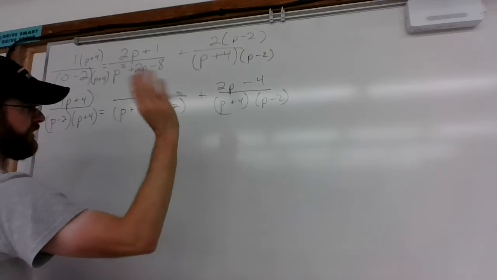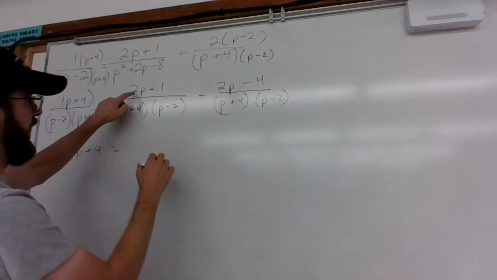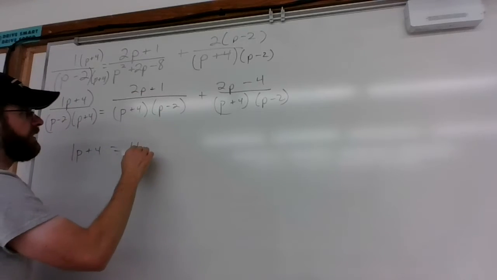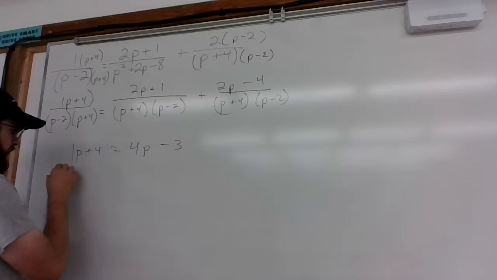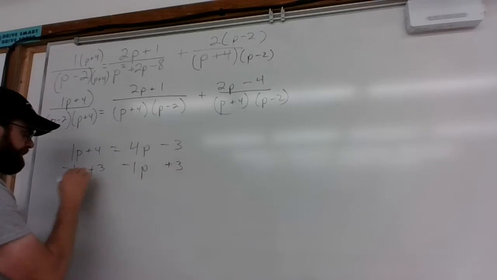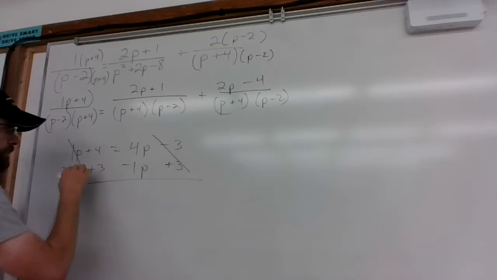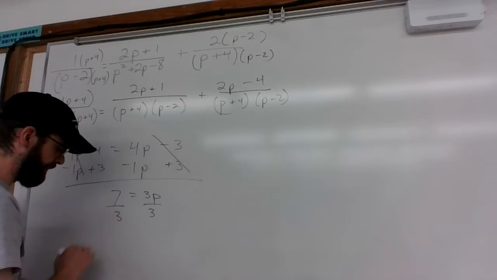Identical denominators, so you can ditch them. And then I'm instantly going to just add these. So that's 4p. 1 minus 4 is negative 3. And then I'm going to subtract 1p from both sides and add 3. So 7 is equal to 3p, divide by 3, divide by 3.